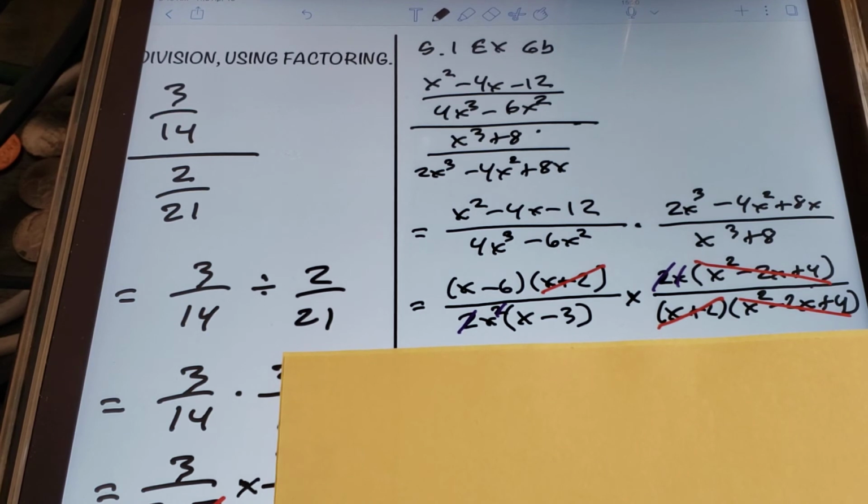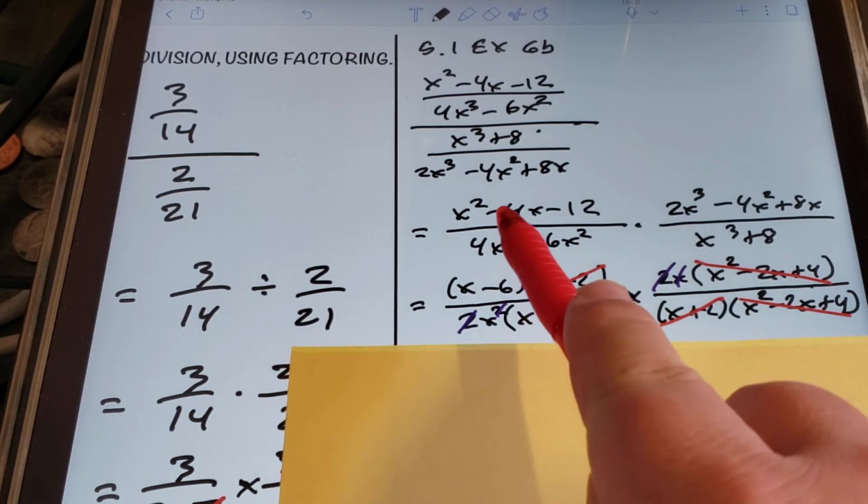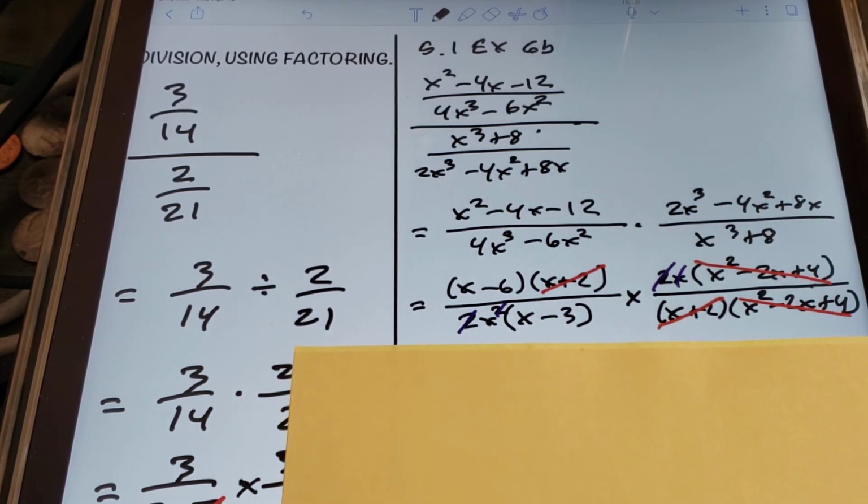What did I do? Well, kind of what you knew I was going to do: factored. So I had to factor this. I think I might have mentioned this back when we were reviewing factoring way at the beginning of the semester, that one problem might have 4 things to factor.